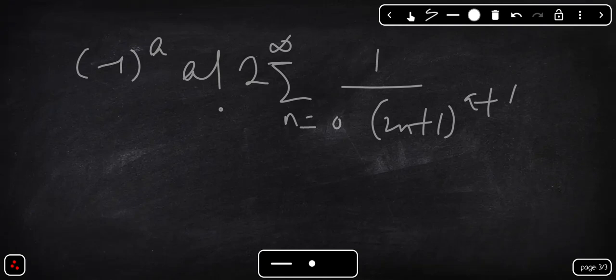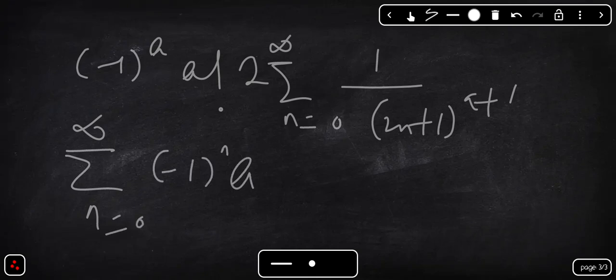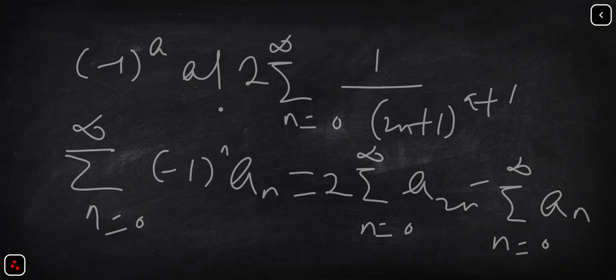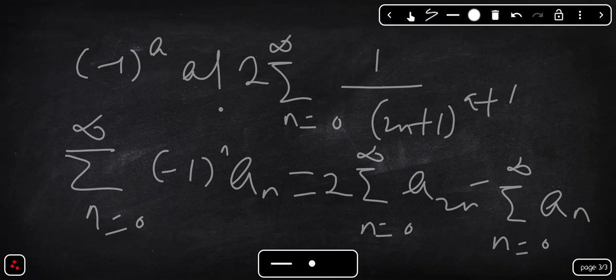If we have an alternating series, the sum of n from 0 to infinity of minus 1 raised to the power of n times a_n, so this is going to give us 2 multiplied by the sum of n from 0 to infinity of a_2n minus the sum of n from 0 to infinity of a_n. Beautiful. So beautiful. So what do you think we can do here?